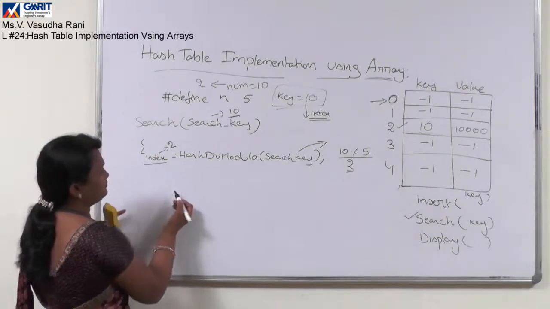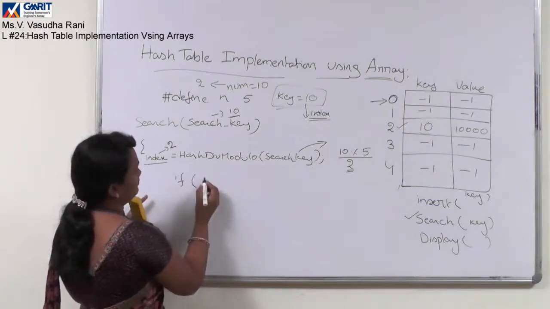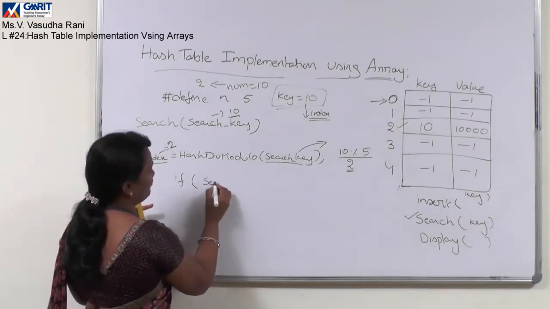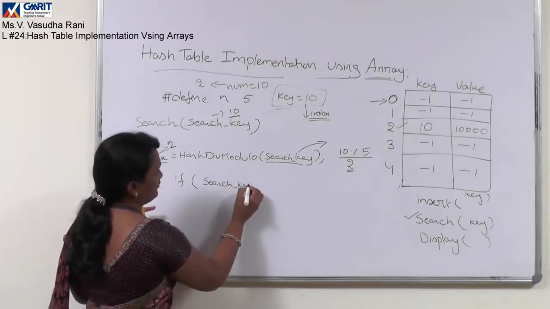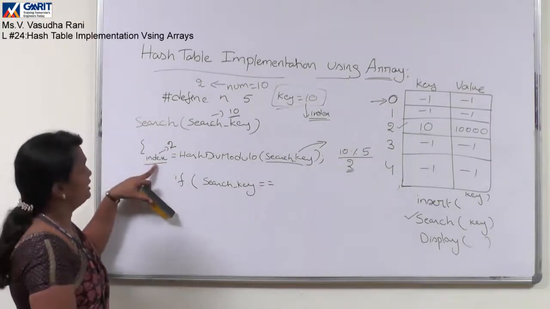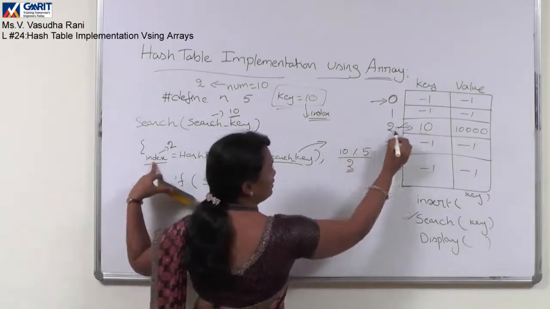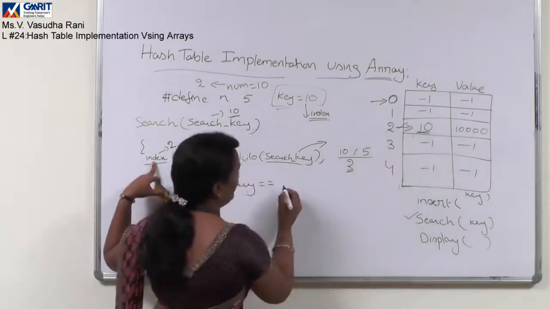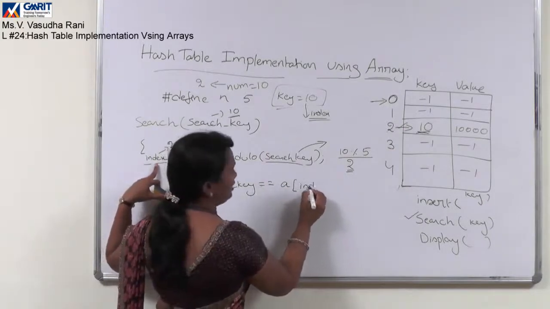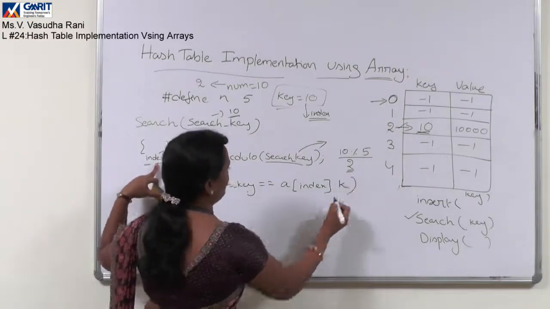So for that we have to check whether our search key is equal to this particular indexed location's data. How to access it? It is with A of this index dot k.